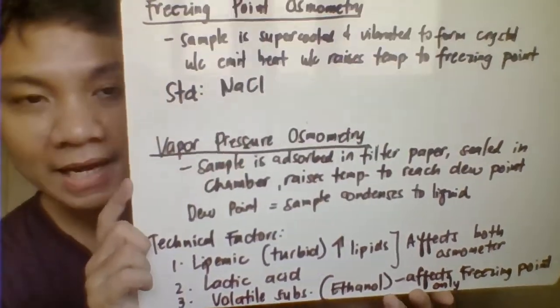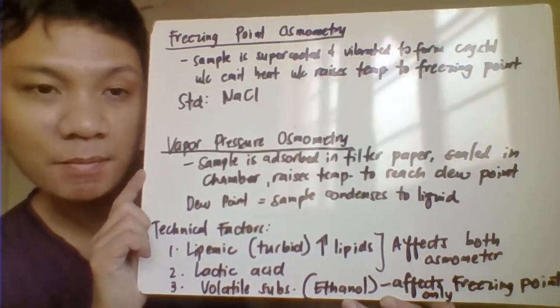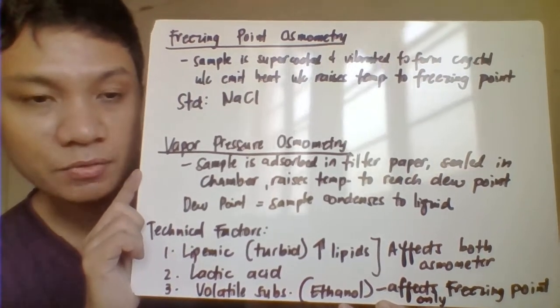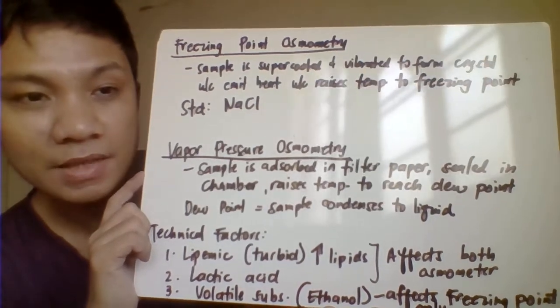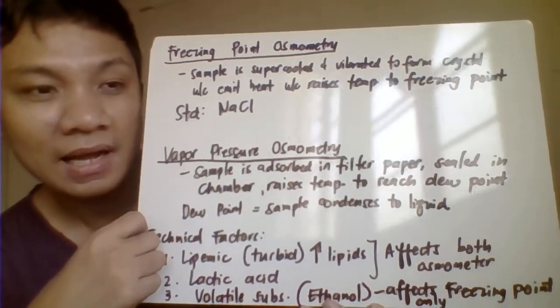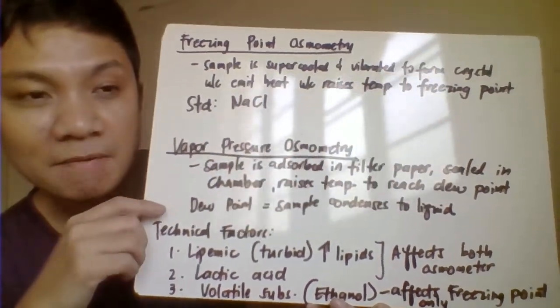Okay, so most likely in the laboratory, routinely we are using the two osmometry. We have the freezing point, and we have also the vapor pressure osmometry. The freezing point osmometer here is obtained by cooling your sample until it crystallizes para ma-reach na kanyang freezing point.